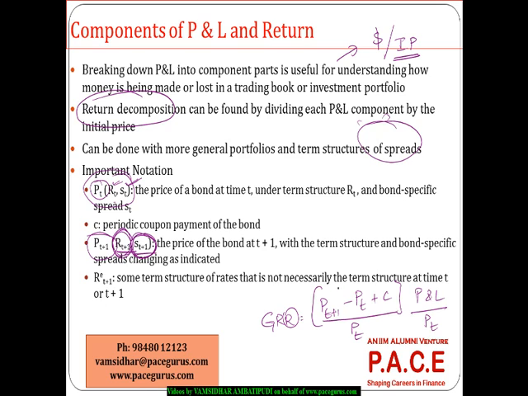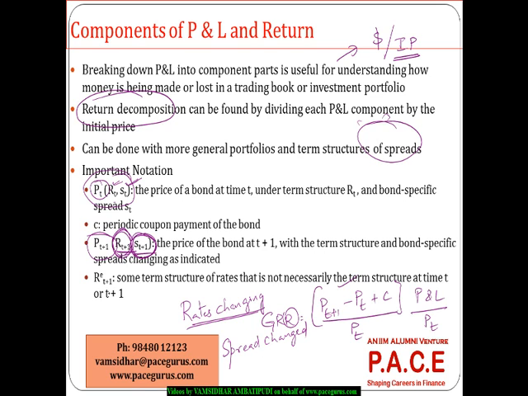Now I want to break this into different constituents. Is the profit or loss that I am getting because the term structure itself has changed, or because the spread itself has changed? What is the contributor to the profit and loss?